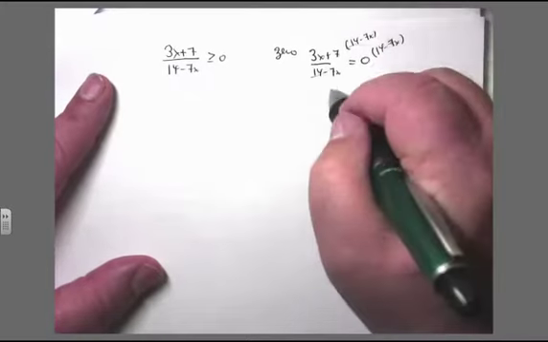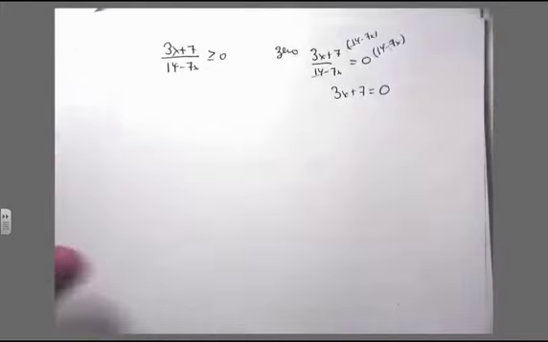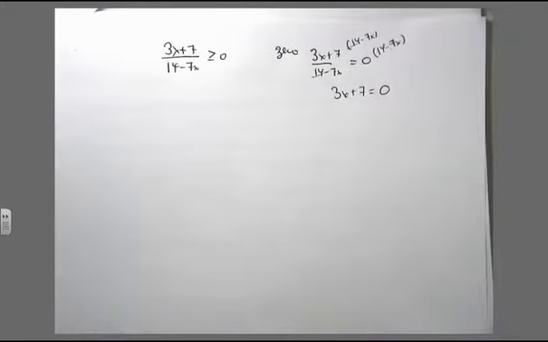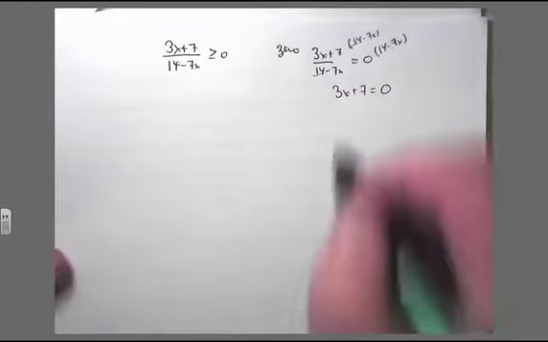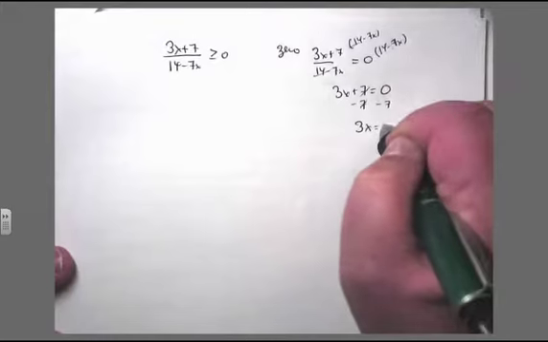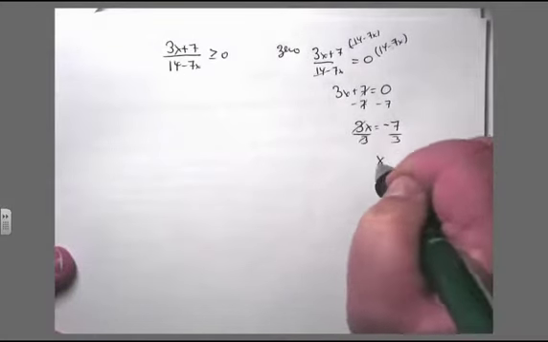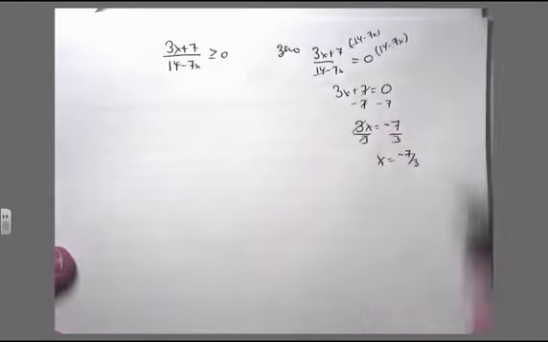This would cancel. That leaves me with 3x plus 7 equals 0, since 0 times anybody is 0. So when you're looking for zeros, it's just like setting the numerator equal to 0. Solving for x, I would subtract 7. Gotta love these wonderful fractions they gave these guys. So 3x equals negative 7. Then I would divide by 3, and I get x equals negative 7/3.